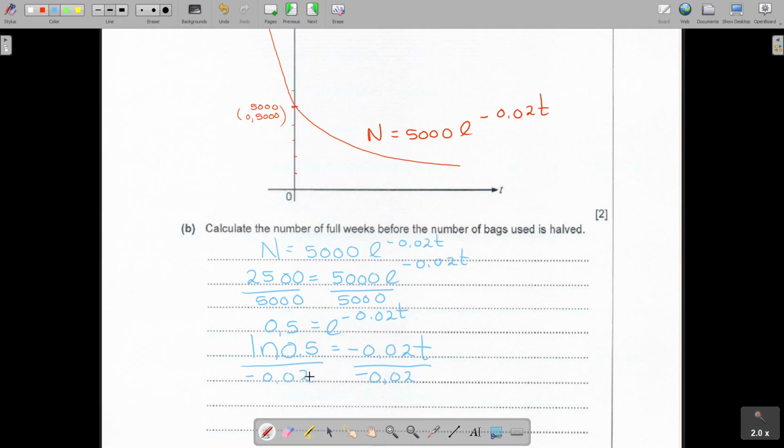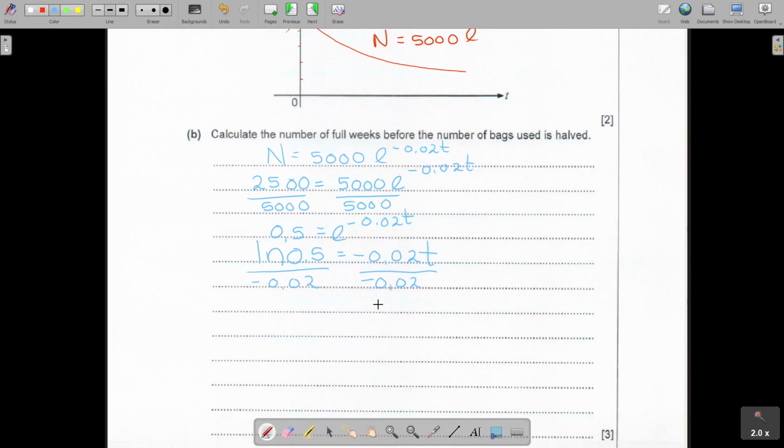And now you can just take your calculator and press ln 0.5 divide negative 0.02 equals, and I'm getting, let me just write it down, so therefore, t equals 34.7.